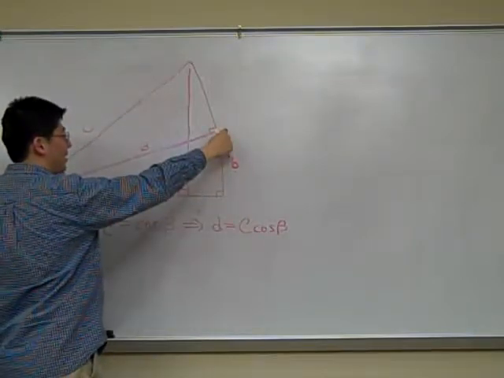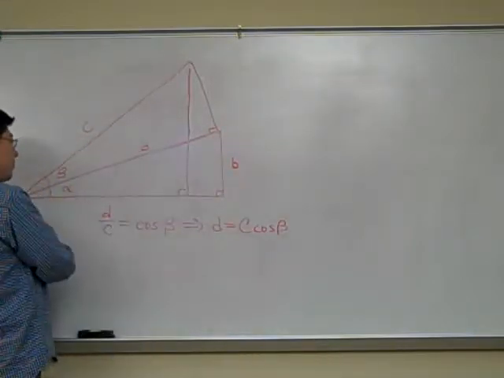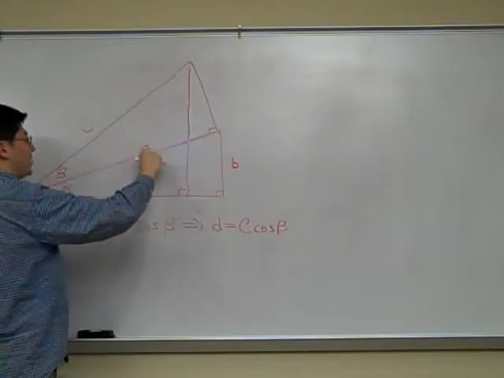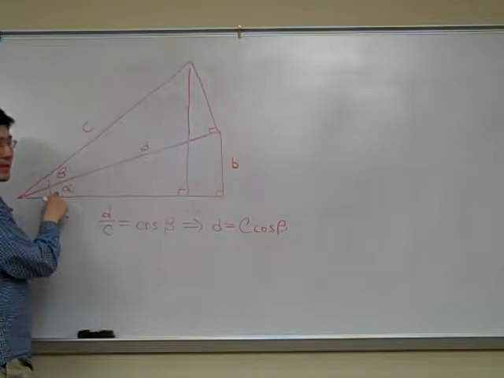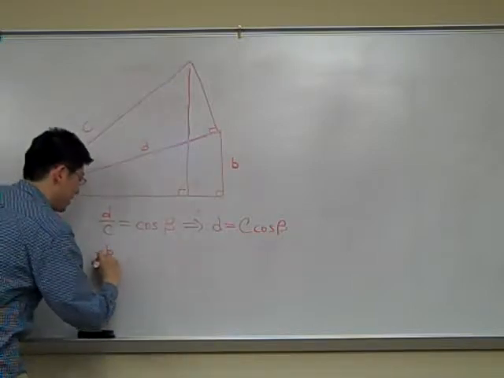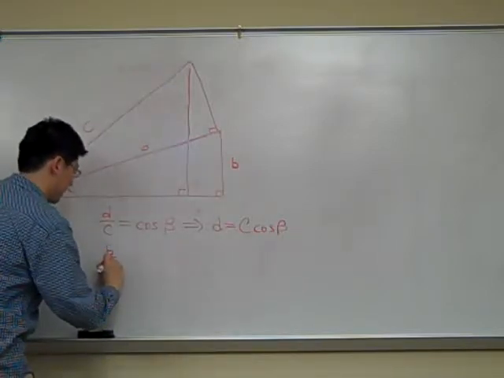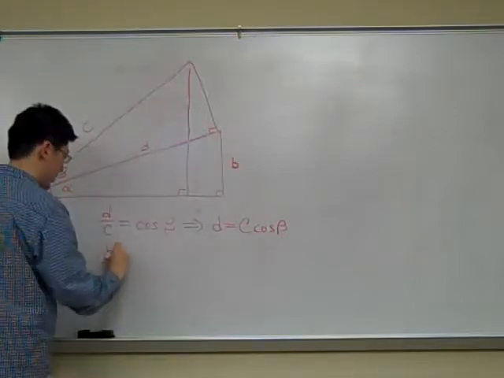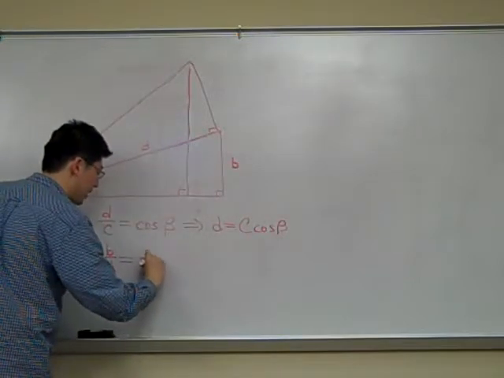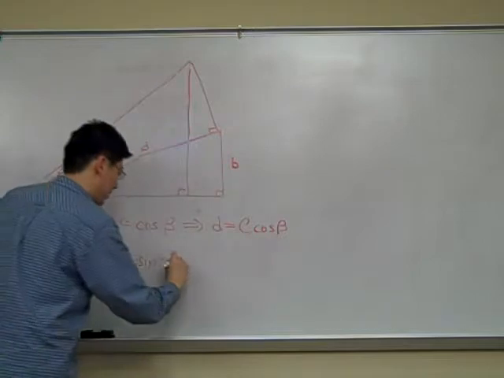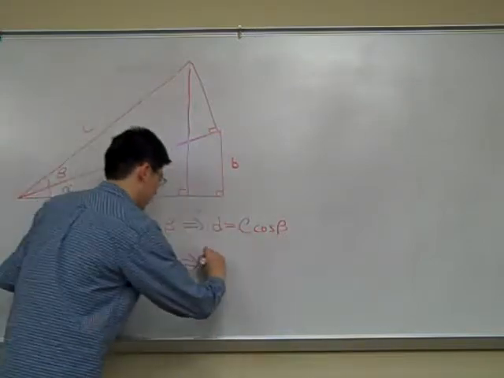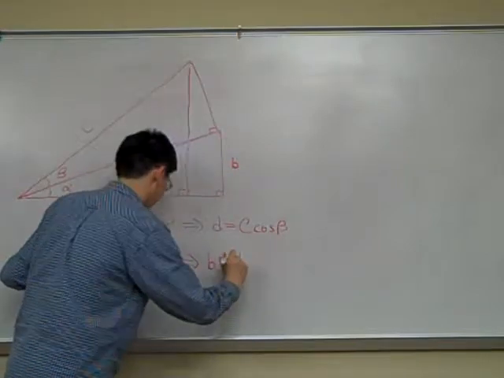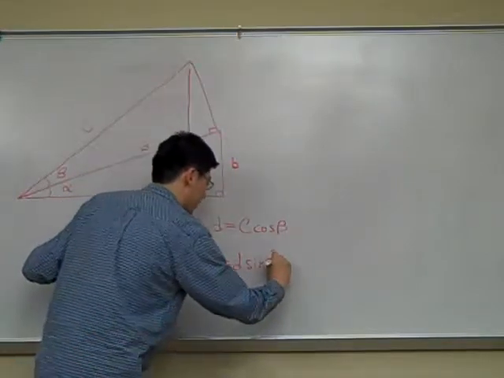So now we have a right triangle with the hypotenuse as D, and B is the opposite side to the angle alpha, right? So that means that by definition, B divided by D, the opposite over hypotenuse, is going to be the sine of alpha, and that means that B is going to be equal to D times the sine of alpha.